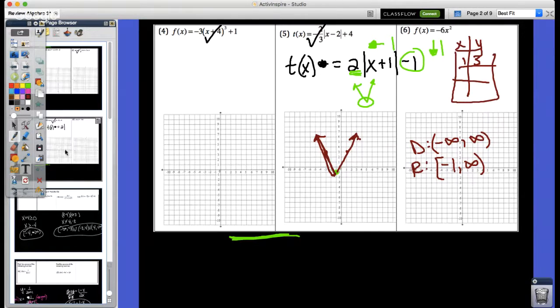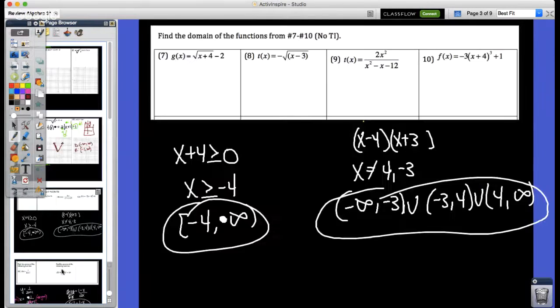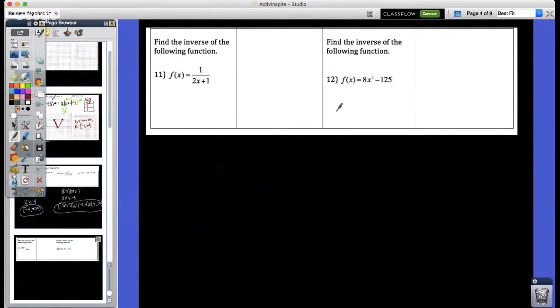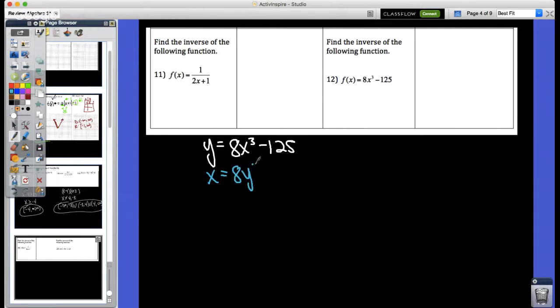All right. Okie dokie. I did say that I would do number 12. Let's go to number 12 because it is such a beautiful problem. This one is y equals 8x to the third minus 125. Again, the same thing occurs. We're trying to switch x and y right here. And we can solve for the new y by first adding 125.